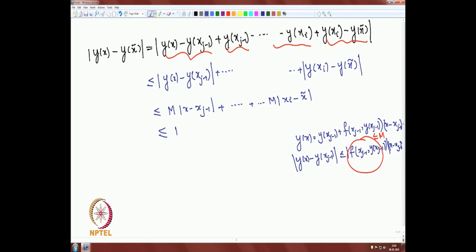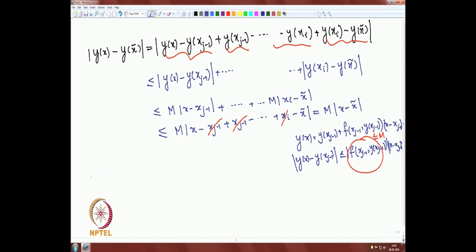This is less than or equal to m times x minus x j minus 1 plus x j minus 1 minus, and so on, plus x i minus x tilde, and we will be able to cancel out these terms to obtain m times the absolute value of x minus x tilde.